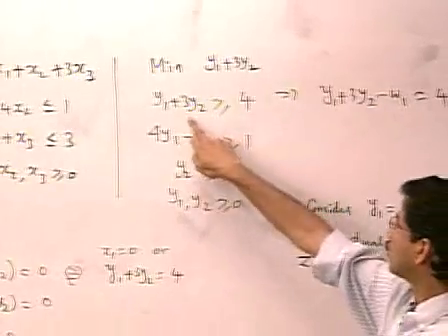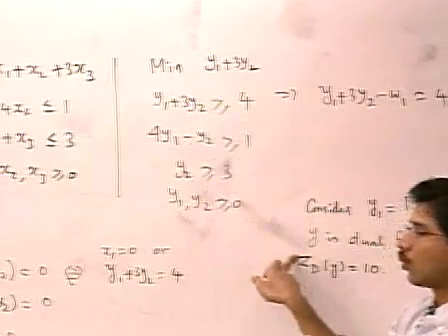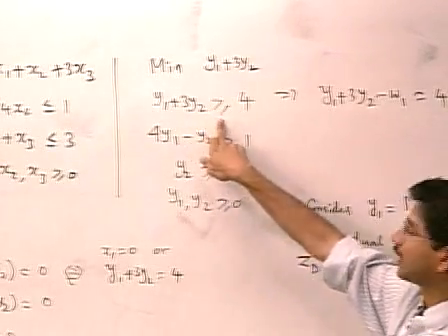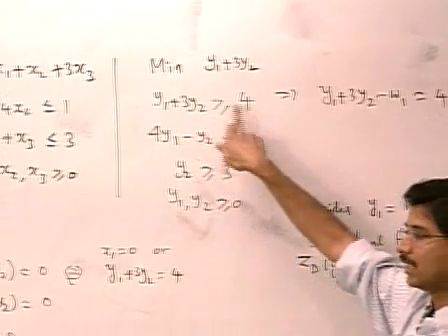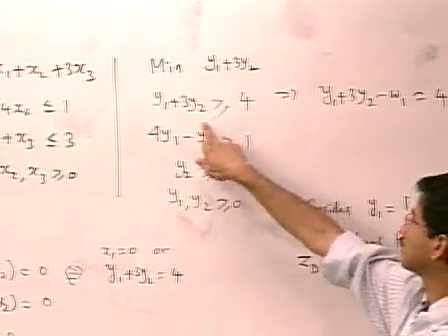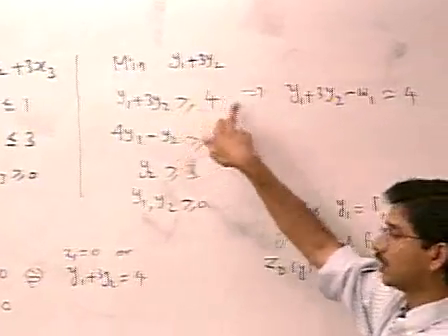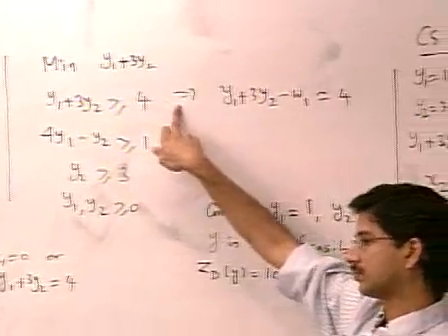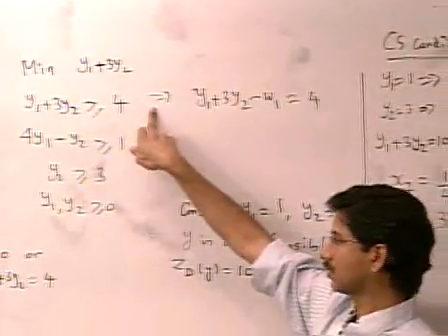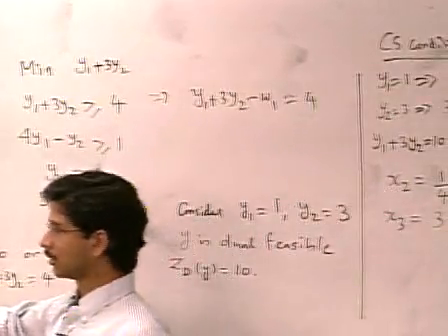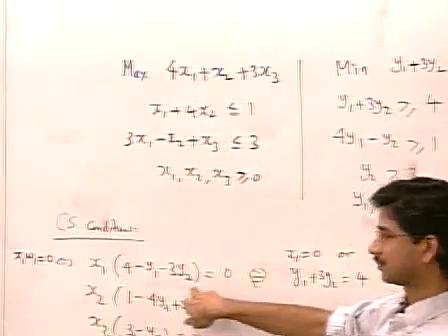I just want you to observe that y1 plus 3y2 is always greater than or equal to 4, but here it is strictly bigger than 4. Therefore, the corresponding x1 has to be 0. Okay, so let's go back to this condition. What does this condition say?